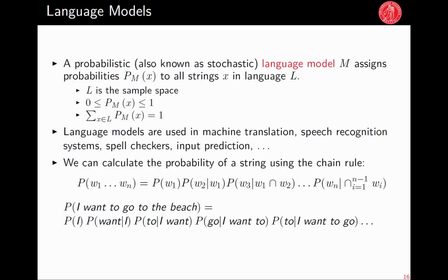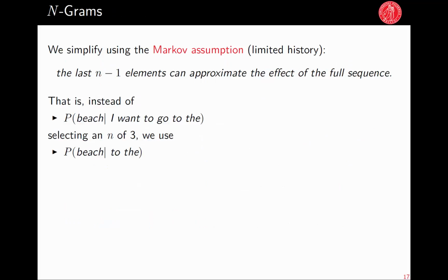That might still seem a reasonably plausible thing to happen, but the longer the context, the harder it's going to be to actually assign a probability to a word in that context. So that has to do with data sparseness. I'll come back to data sparseness.